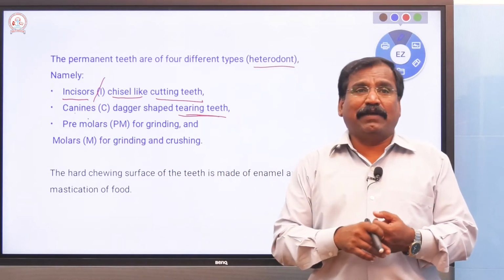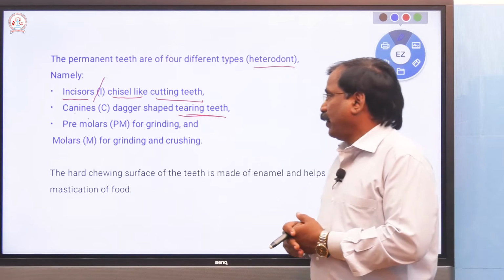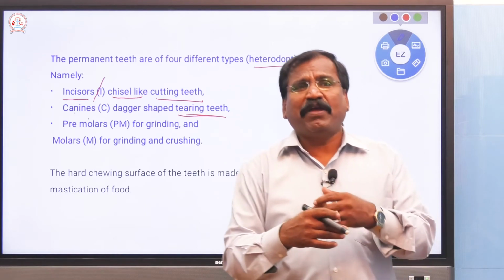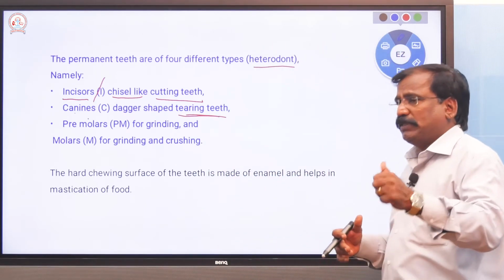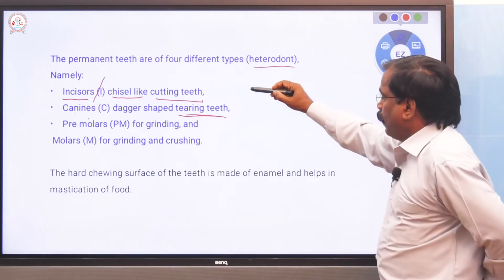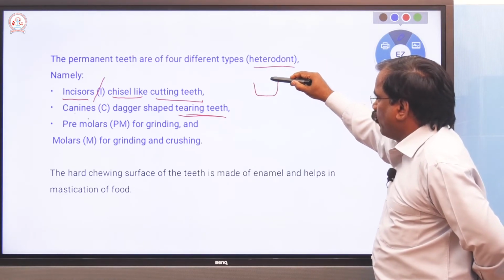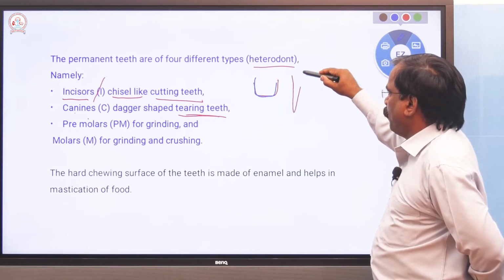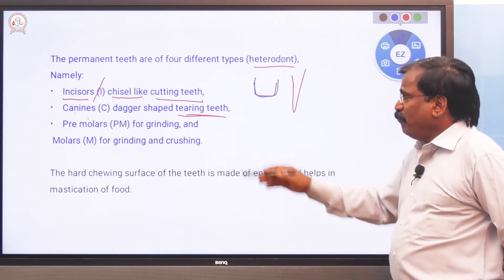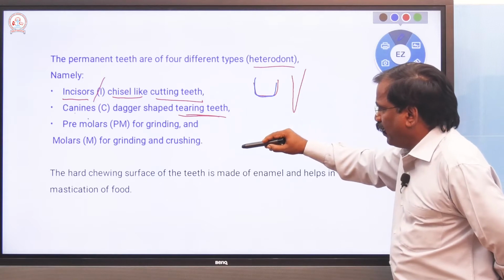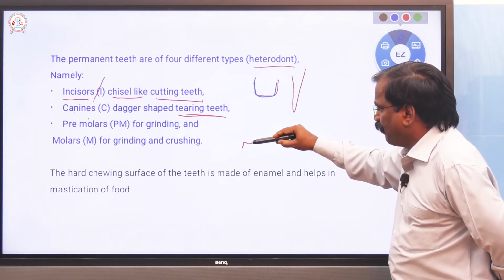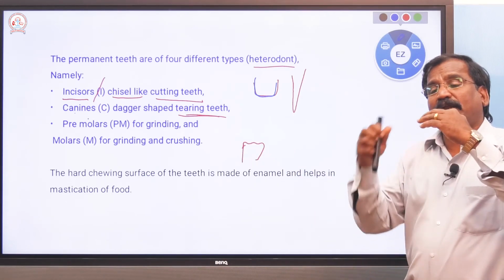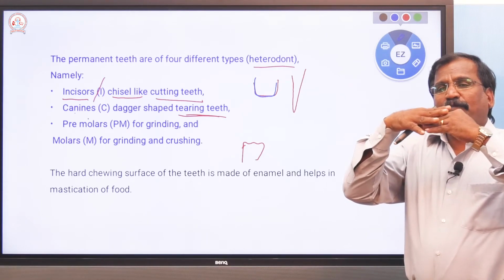Premolars and molars are meant for grinding and crushing. The surface has ups and downs, so there will be grip, and that is how it grinds.